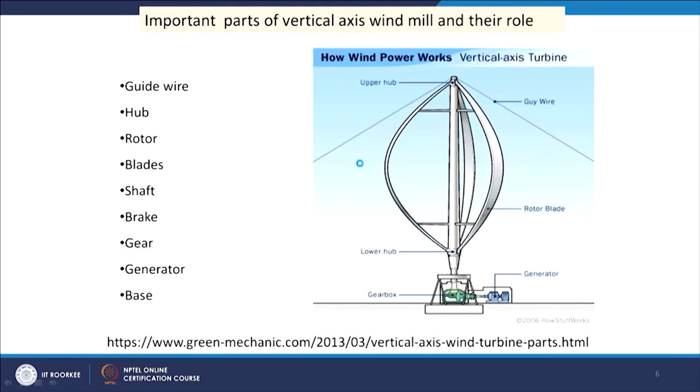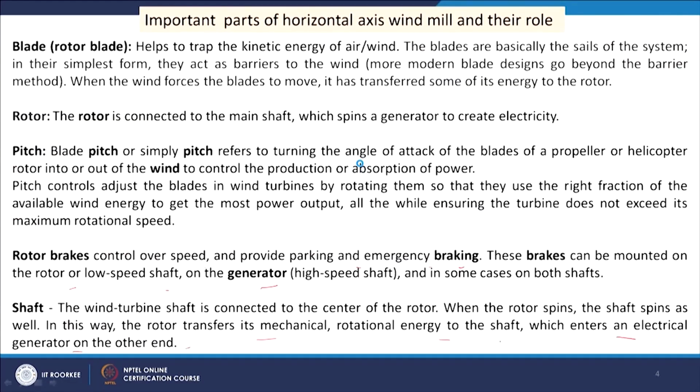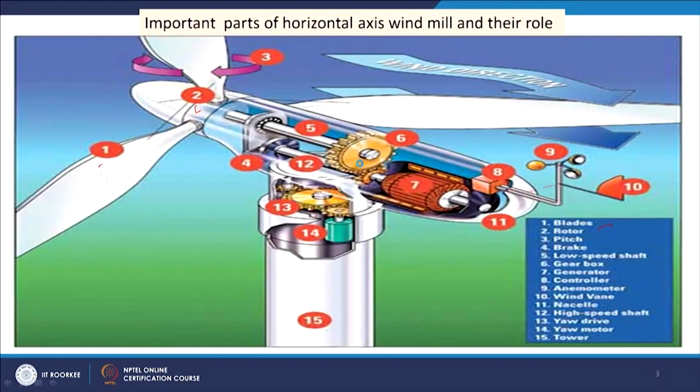So, these are the different parts of the horizontal axis windmills. The yaw drive helps to move the blade, and the wind vane helps to decide in which direction this movement should be, and the control unit performs this job by its control mechanism.